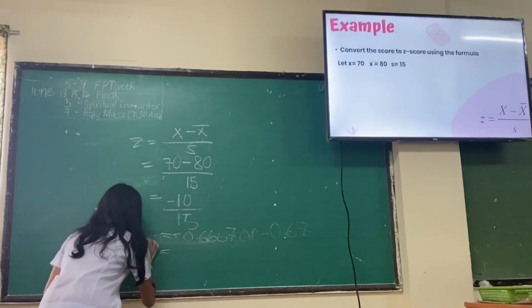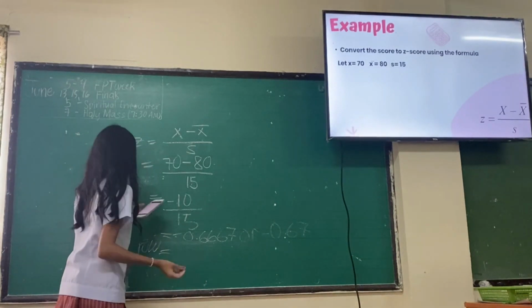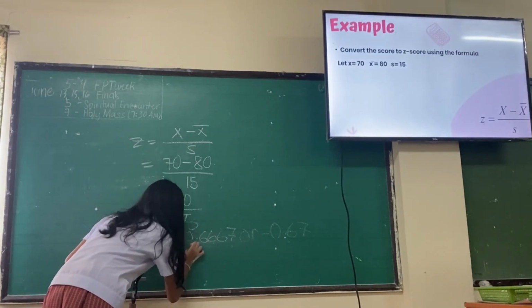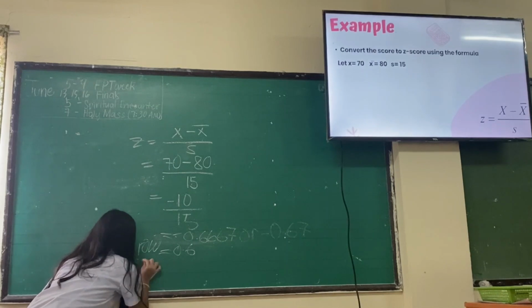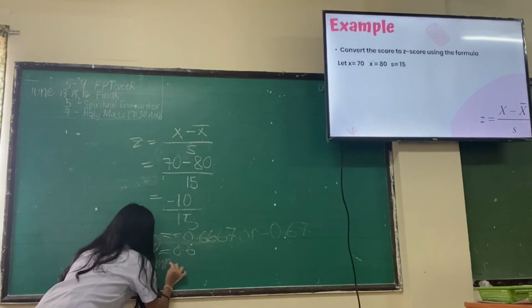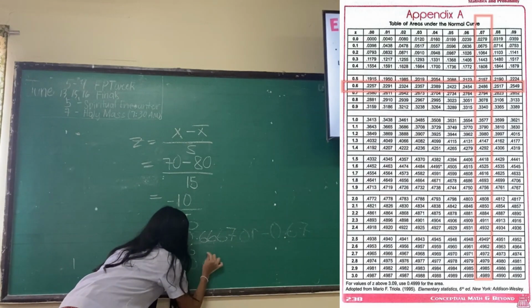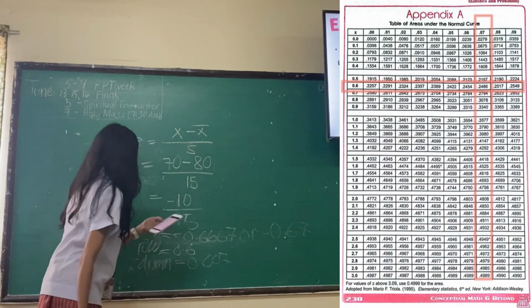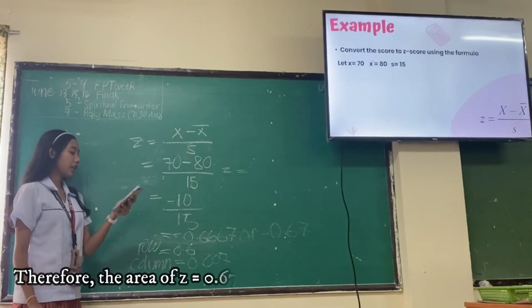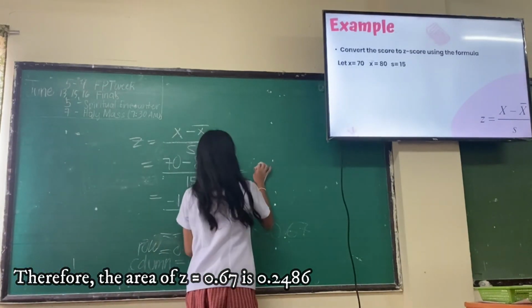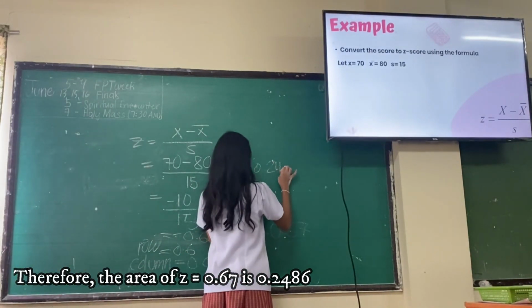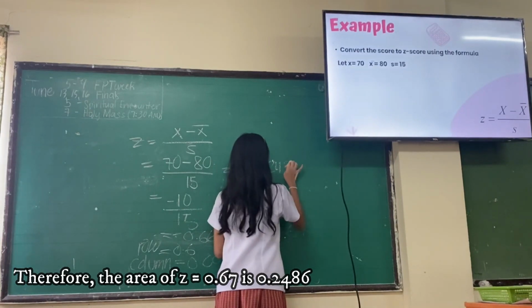For row 0.6 and column 0.07. Therefore, the area of this score is 0.2486.